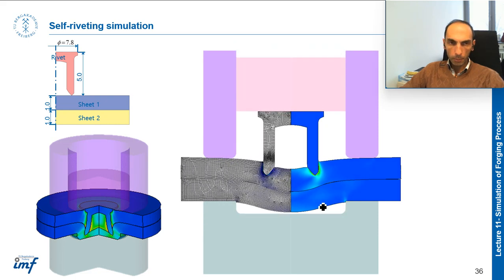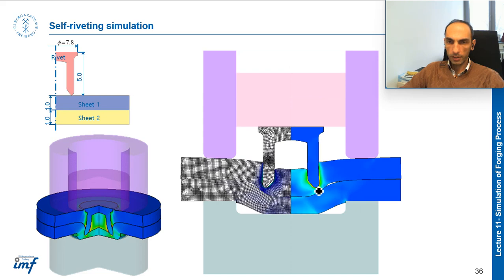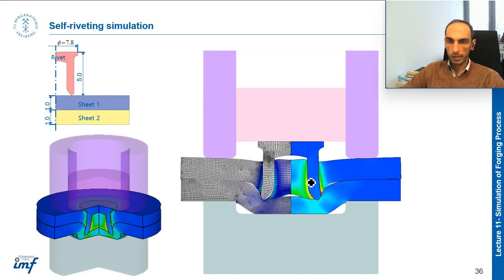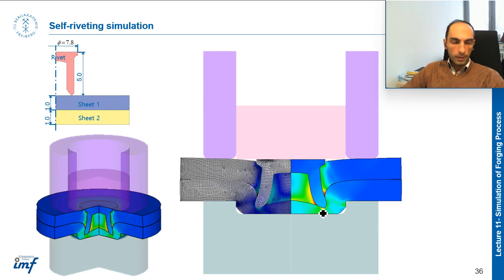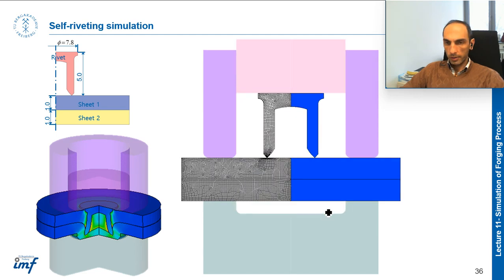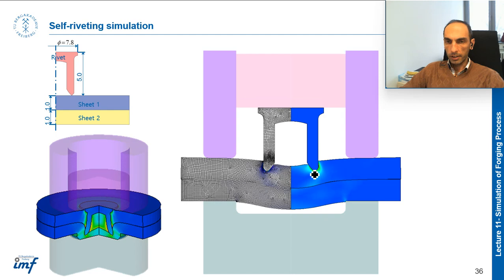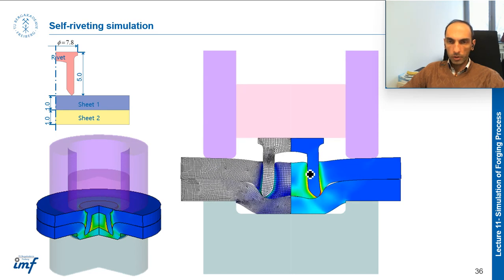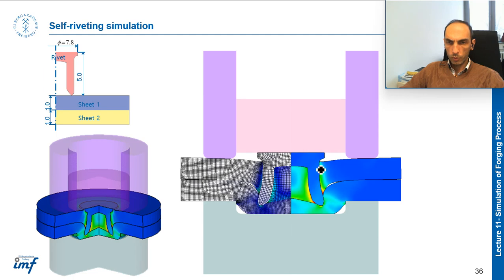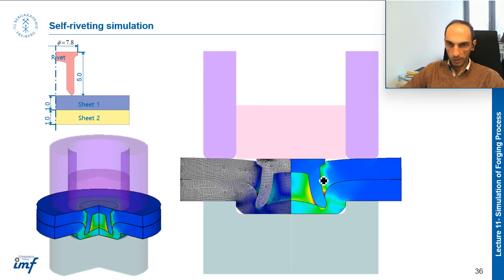But the important thing in this kind of simulation is the contact surfaces. The contact surfaces and the scheme used for the contact surfaces should be perfect to be able to simulate such a process.